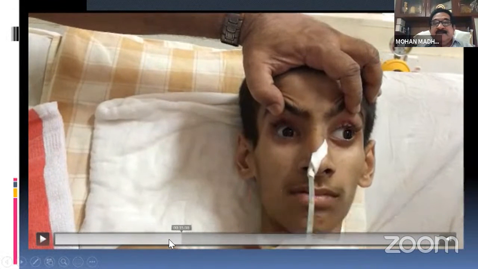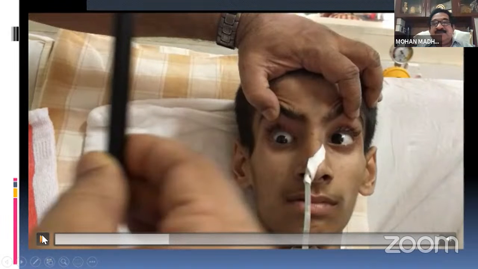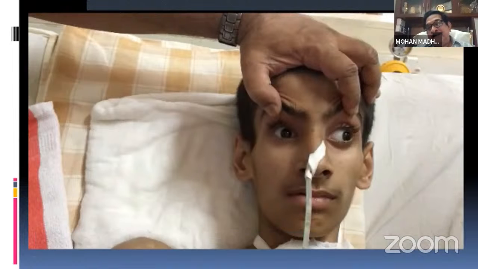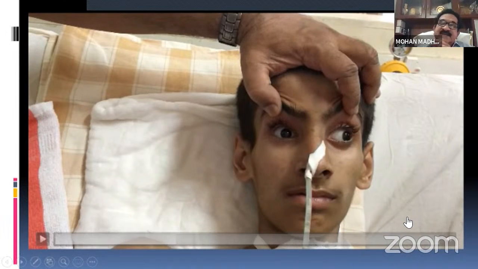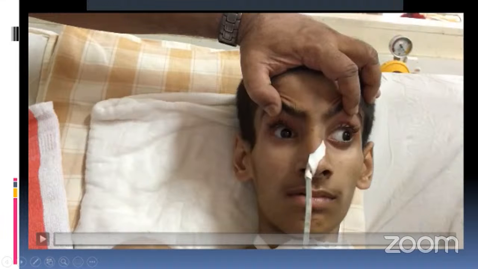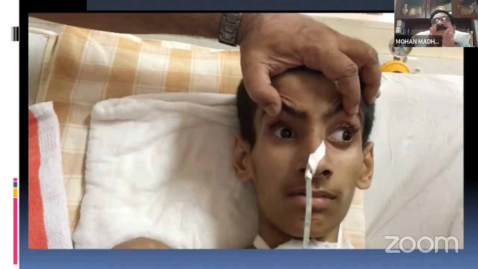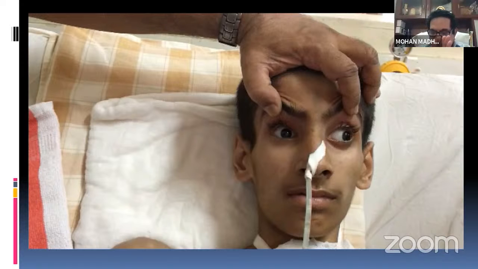Yeah, the medial rectus movement is also restricted. It is restricted, the medial rectus on the right side. So what is this problem? What is the diagnosis? Is it something like Mobius or unilateral brainstem problem? He has got third and sixth nerve involvement on the right side. So it could be either third nerve and sixth nerve also.